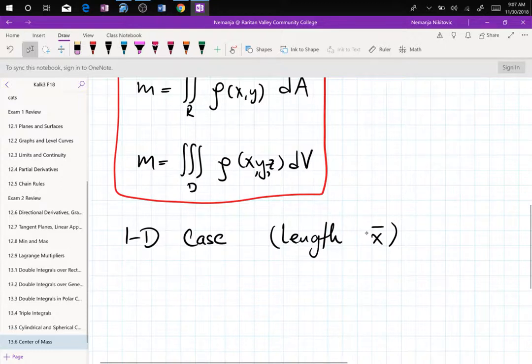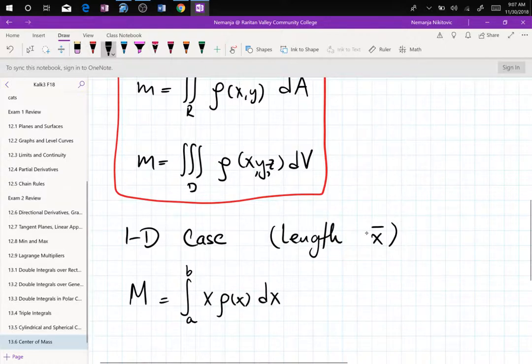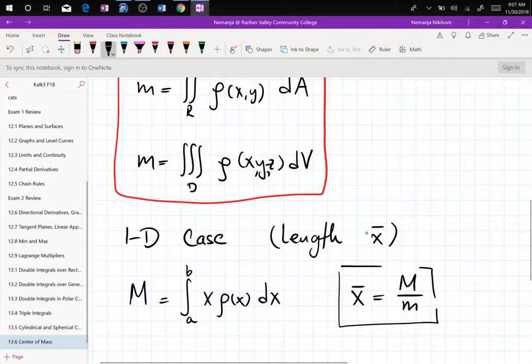But it's not always uniform density. So what we do is we find the moment around the point for the length a to b, which is the integral of x rho of x dx. And then our x bar will be the moment divided by the mass. And this is the formula that would calculate the location of your center of mass.